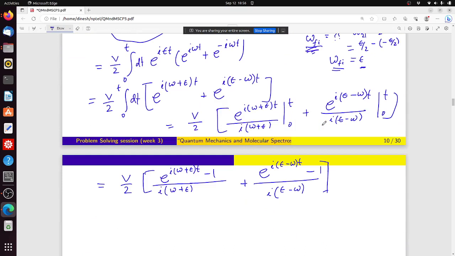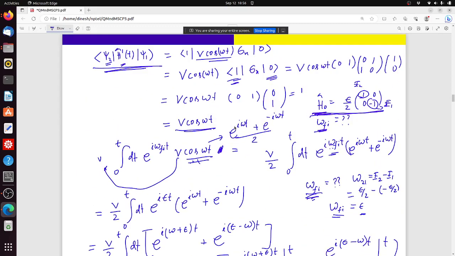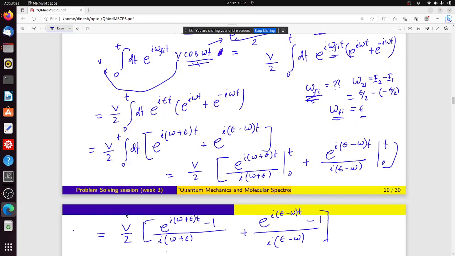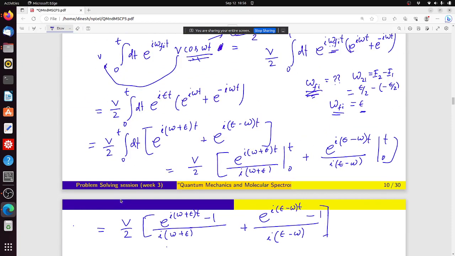Okay, so if you want you can further simplify this, but this is the result. Then I have to do the mod square also, right? I have done the integration only, then I have to do the mod square.